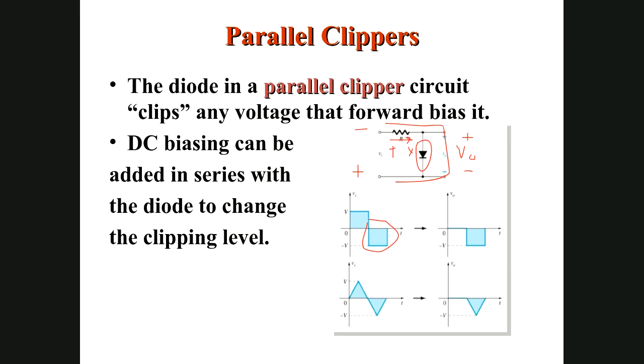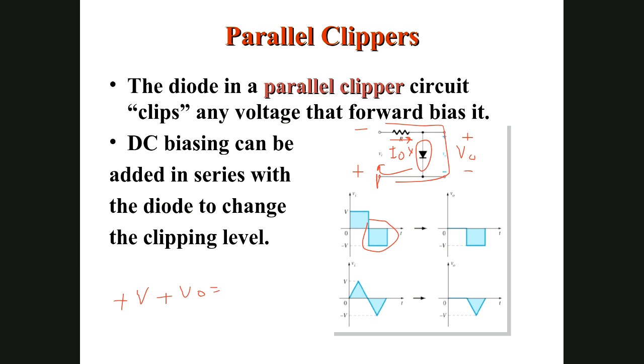If we use KVL in this loop, starting from this point, plus sign is there: plus VI, and in the output, plus VO equals 0.